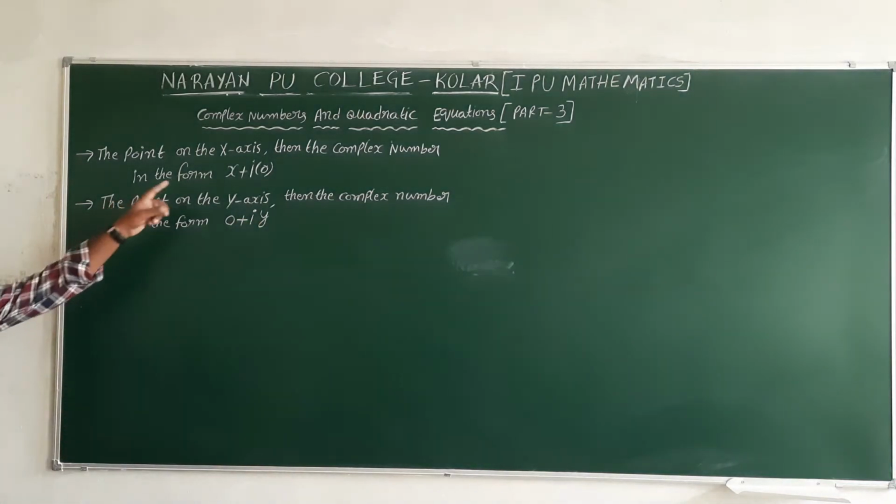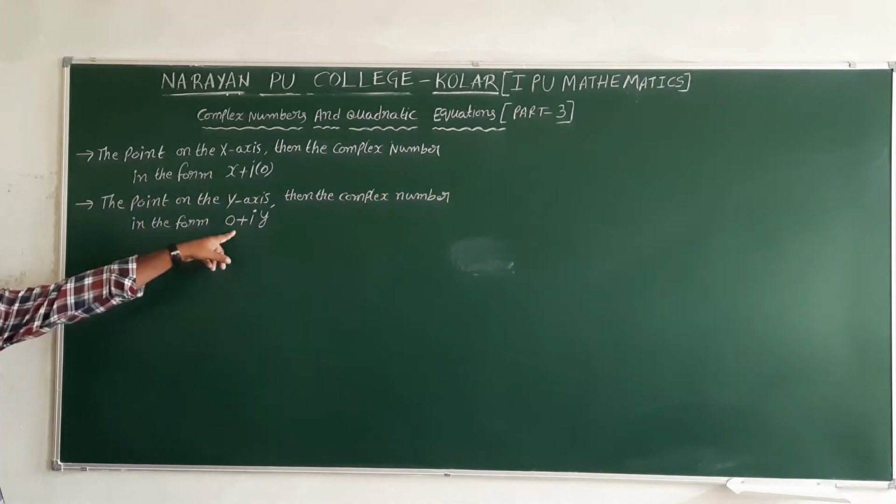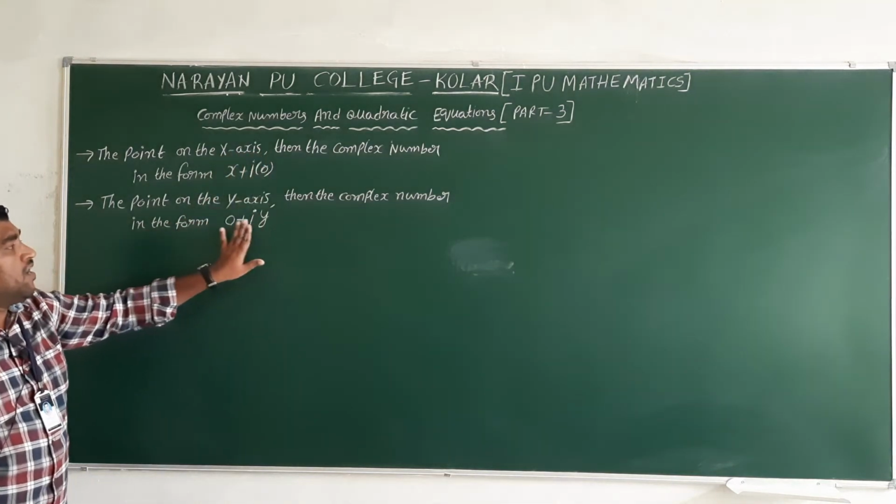On the y-axis, the x coordinate is 0, that means the real part is 0. So if you observe, in the x-axis there is no y coordinate. In the y-axis, no x coordinate. Here, no imaginary part. Here, no real part.